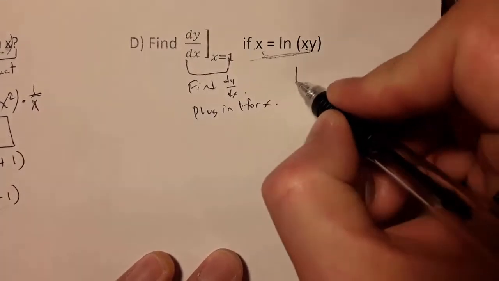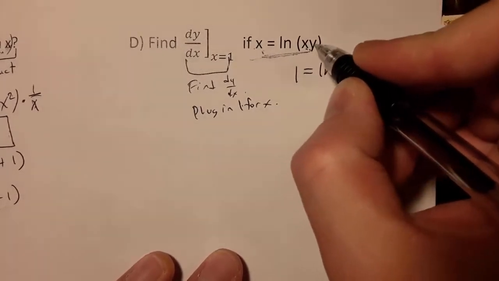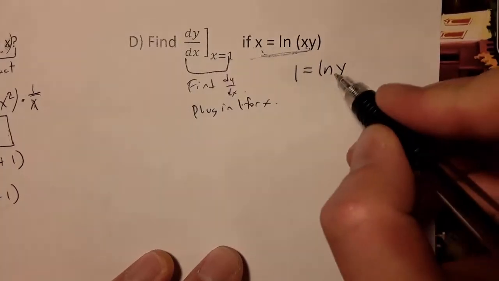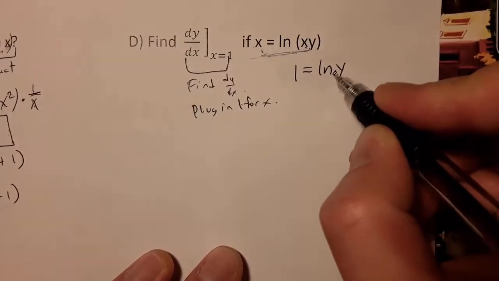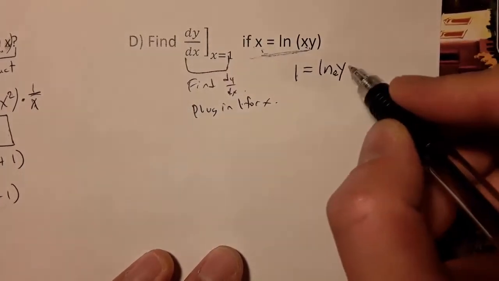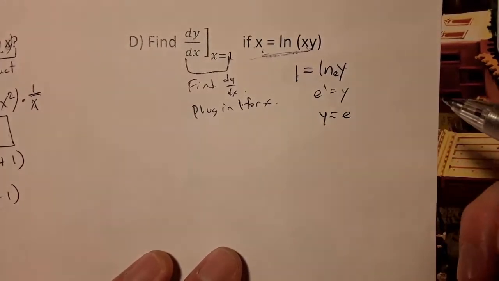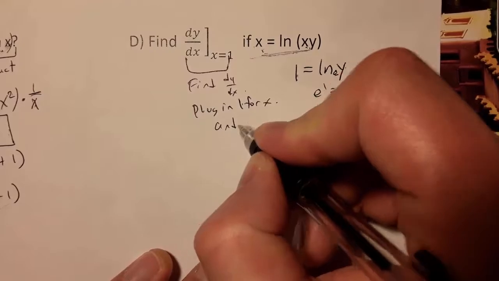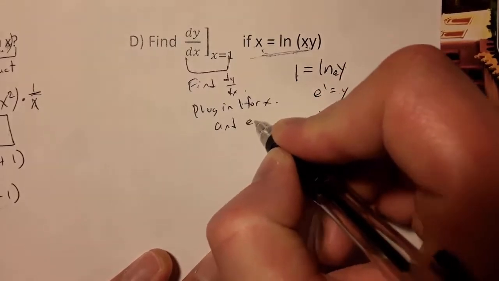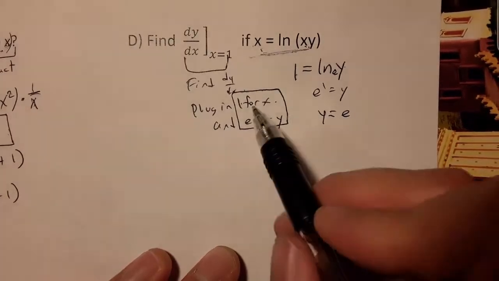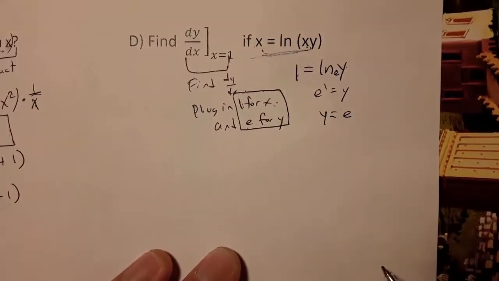Doing that would mean 1 equals natural log of 1y. Writing this exponentially means e to the first equals y. So y would equal e. So when we're all done getting the derivative, we're going to plug in 1 for x and e for y.